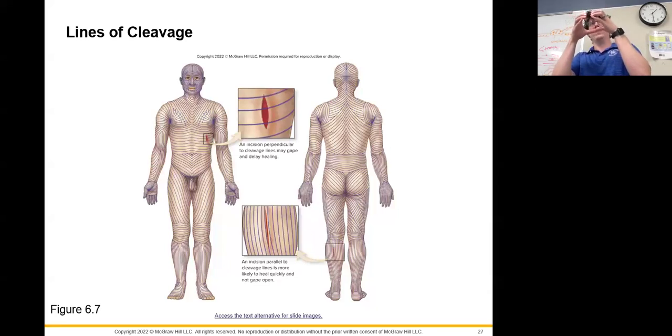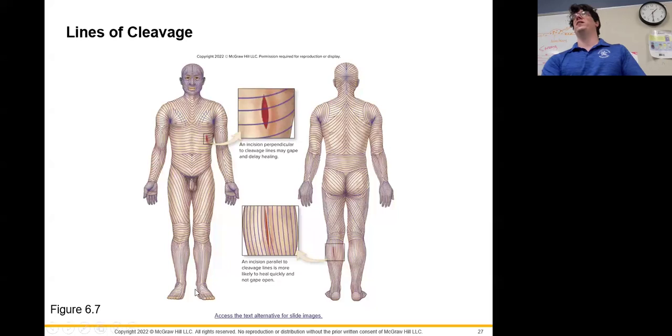Make them hold themselves open more, which means to close these, it's going to take a little bit more effort because you have to close them with something with enough force to overcome the force that's being applied by those collagen fibers. So a cut like this, a vertical cut in this region right here, is going to require stitches or staples or something like that to make sure that it doesn't open back up, okay?